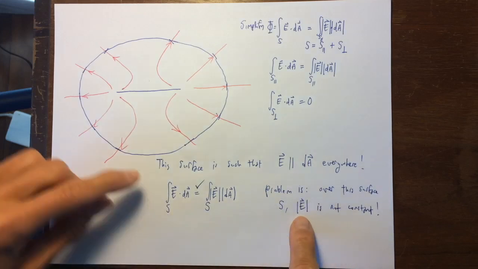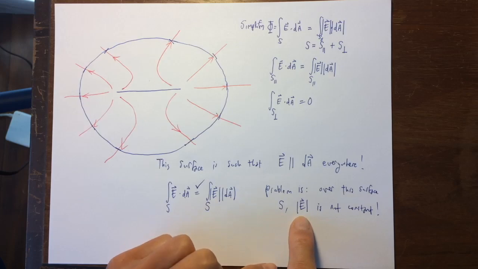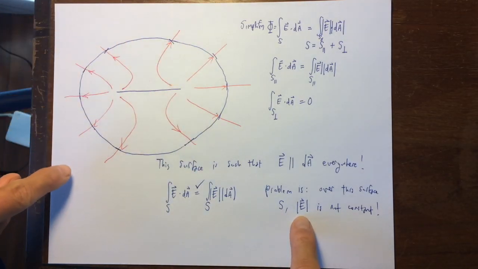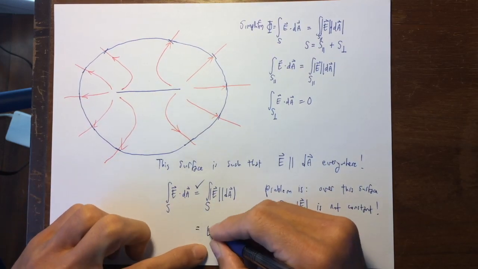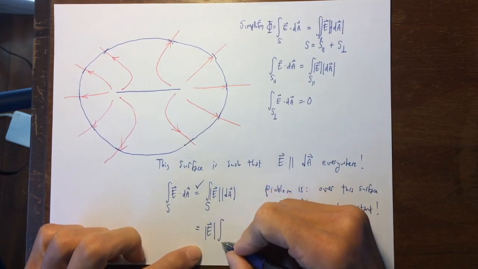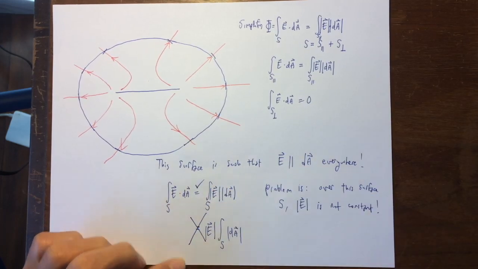The magnitude of E over a surface like this is a complicated function of the coordinates associated with places along the surface. So the next step that we depend on, that the electric field has a constant magnitude over the surface, is the step that can't happen.